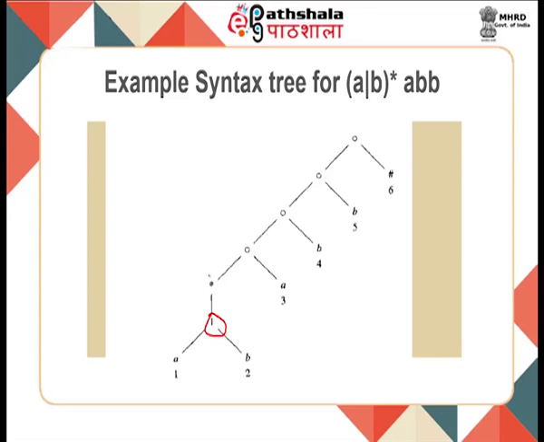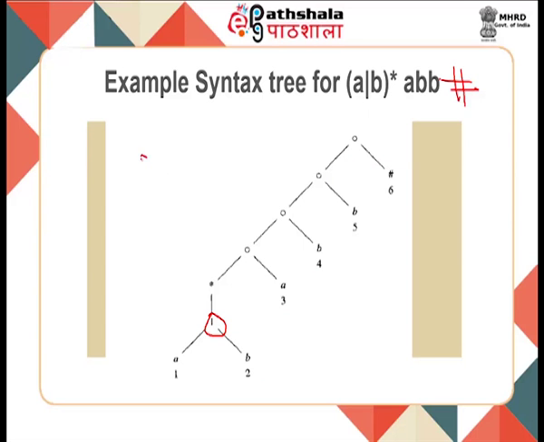Then there is an implicit concatenation operator, dot, and a hash which terminates the expression. This is your R followed by hash. So, this is (a or b) star followed by a, followed by b, followed by b, and then followed by hash. As you can see, the interior nodes are the operators, and the leaf nodes are going to be your terminals.